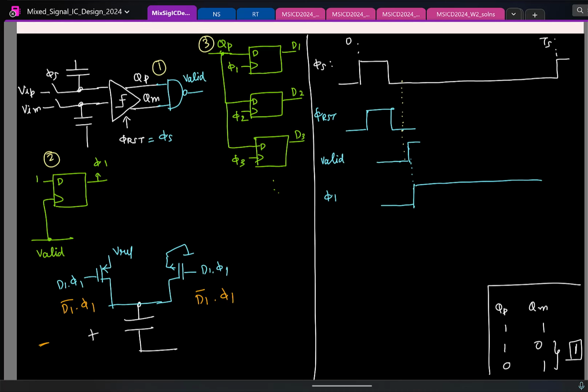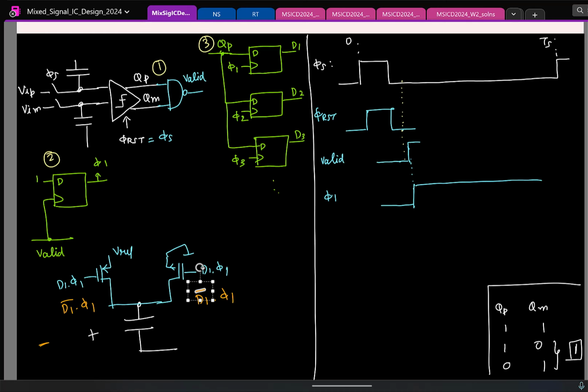Again, life lesson from comparator, don't hold on to your past. Before starting the fresh comparison, you reset it. So as of now phi reset is only phi s. That is not enough. So I should feed some other signal which goes high after the comparator has finished making its decision. And here you see it's the valid signal that marks when the comparator has finished its decision.